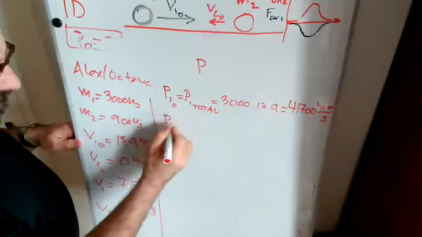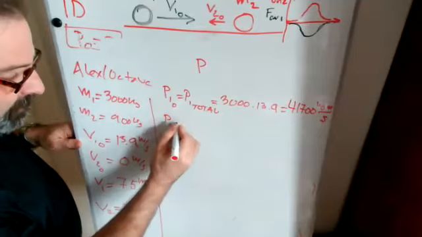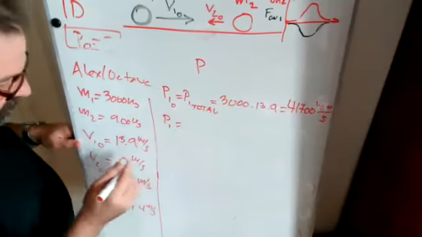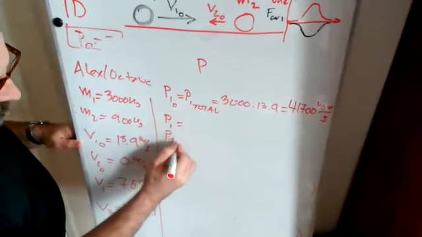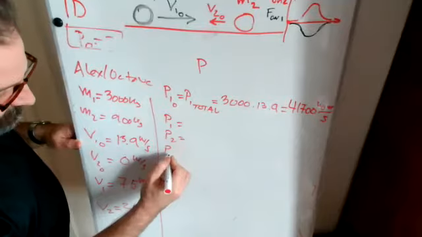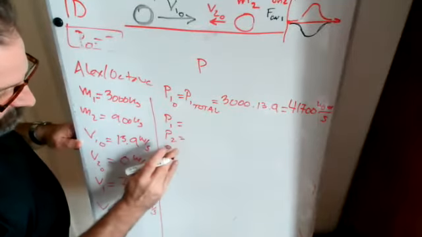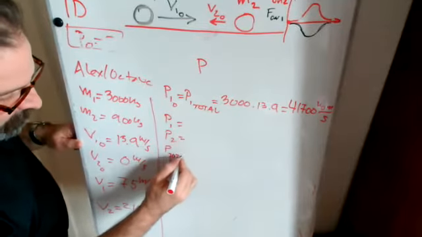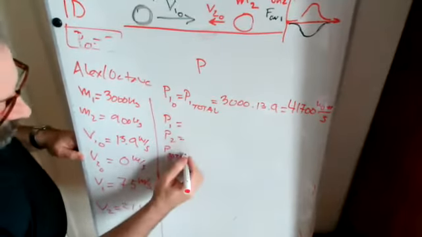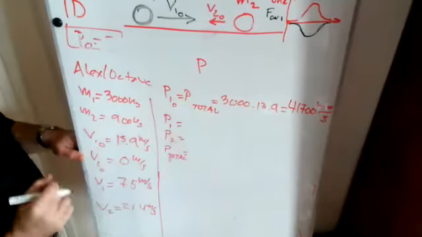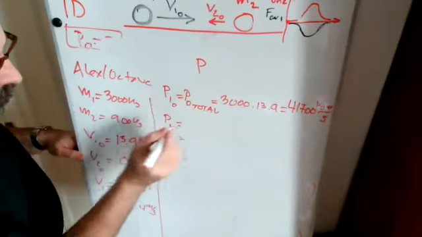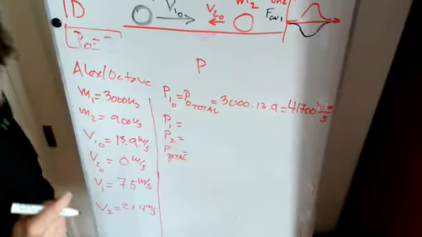And let's take a look at P1 and then also P2, right? And those two added together should be P total, the total momentum after the collision.